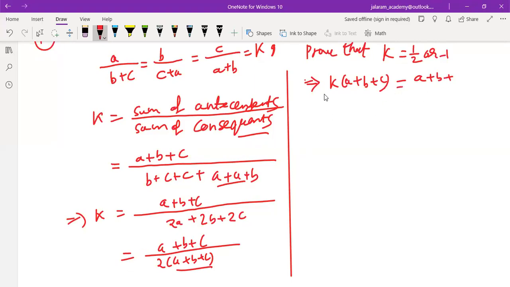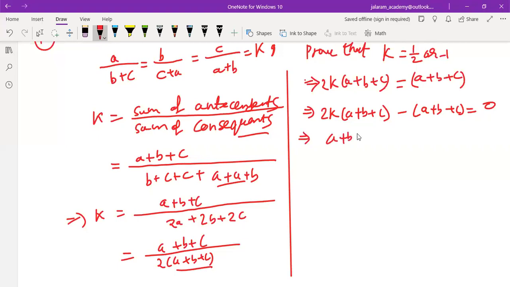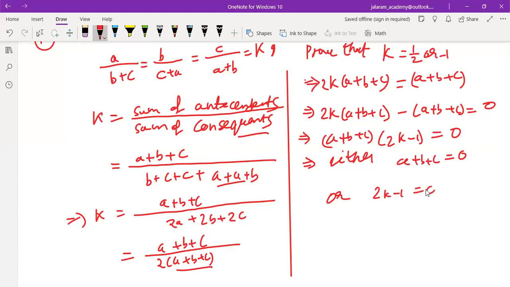So K into 2 into A plus B plus C equals to A plus B plus C. And if we transfer them to the same side, A plus B plus C is written inside the bracket and transferred completely to the left hand side. Now we can take A plus B plus C common into 2K minus 1 equals to 0. It implies either A plus B plus C equals to 0 or 2K minus 1 equals to 0.